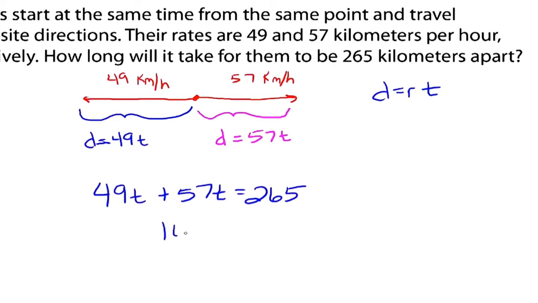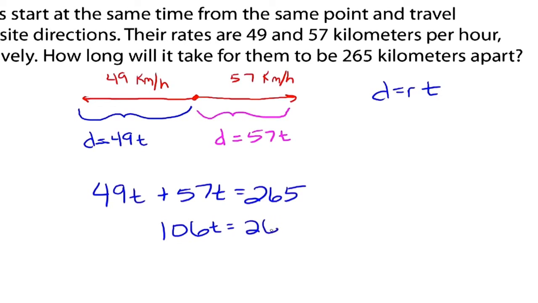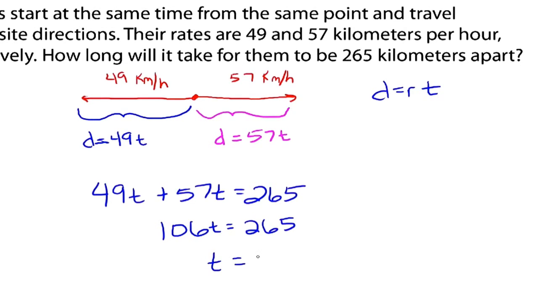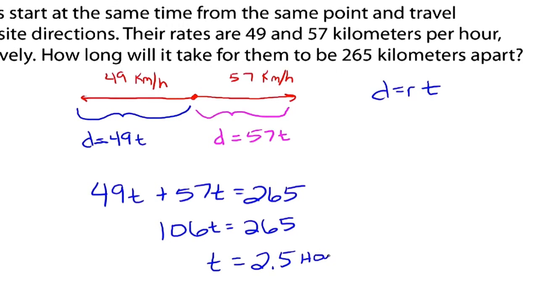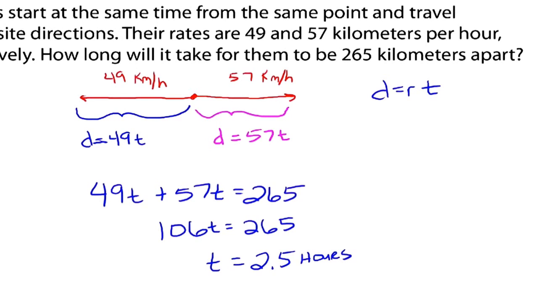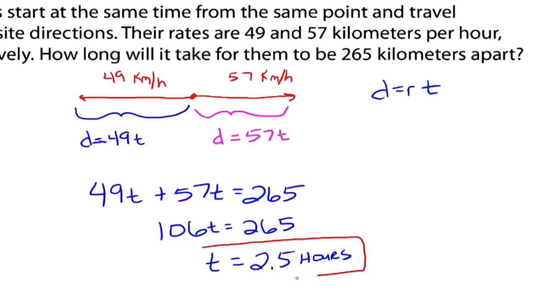We get 106t equals 265, divide both sides by 106, and we get t is 2.5 hours. So after they travel for 2.5 hours, they will be 265 kilometers apart.